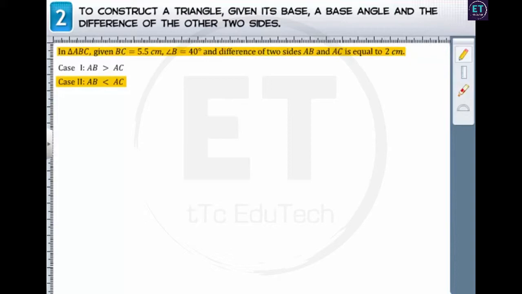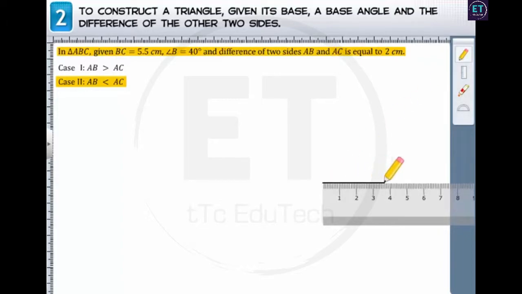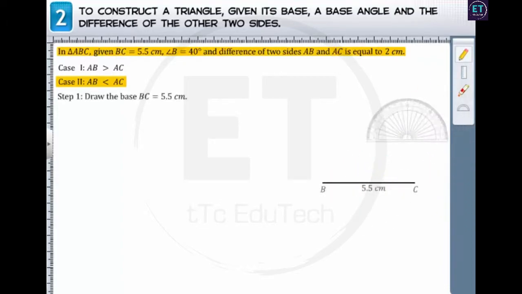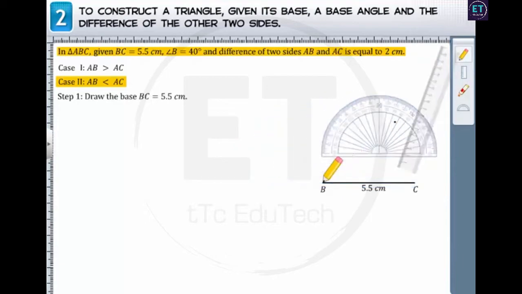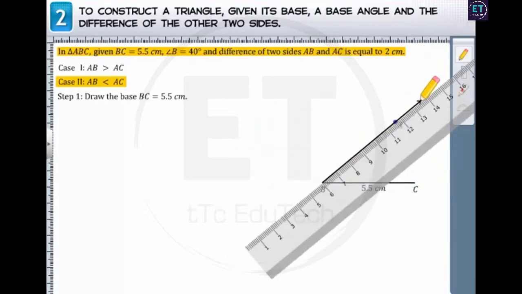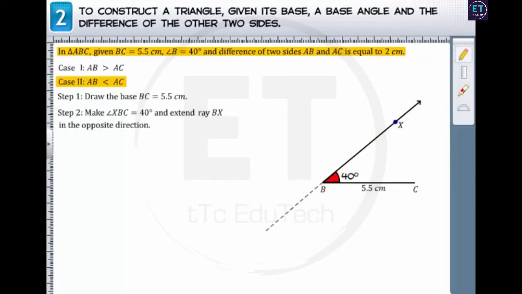The first step is exactly the same as it was in the first case. Draw the base BC with a length of 5.5 centimeters. At point B, make an angle XBC equal to 40 degrees. Extend ray BX in the opposite direction.